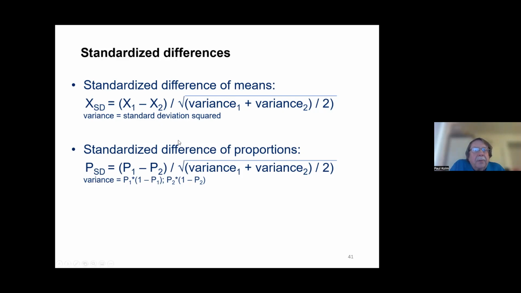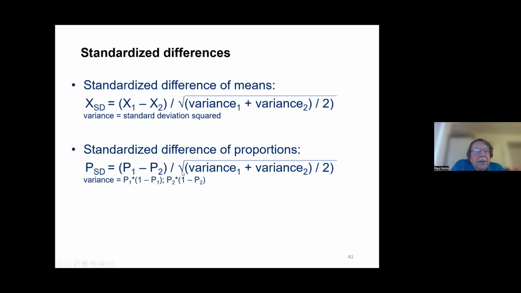And then the same thing for proportions, the same concept. Take the difference in two proportions and just divide by the average variances, just like we did for means. The variance of a proportion is the proportion times 1 minus the proportion.